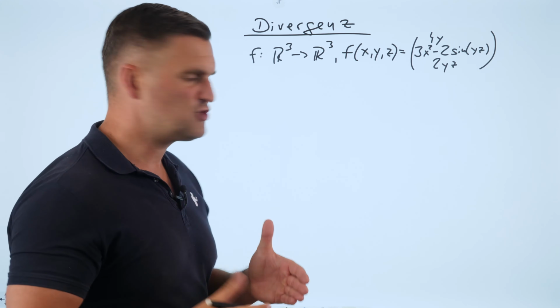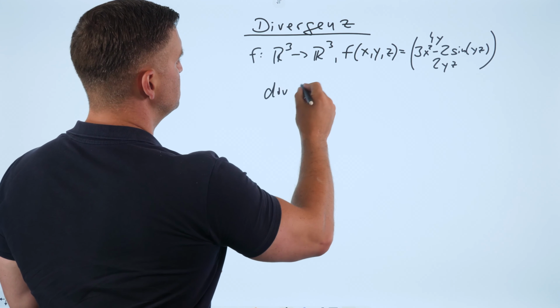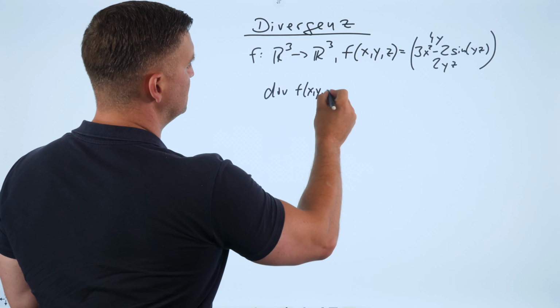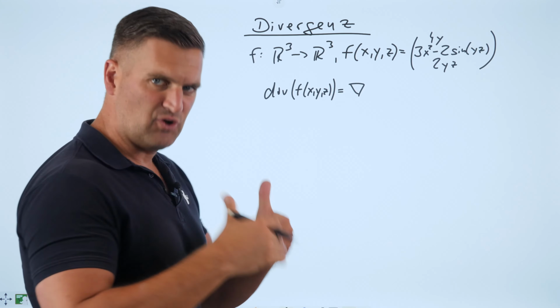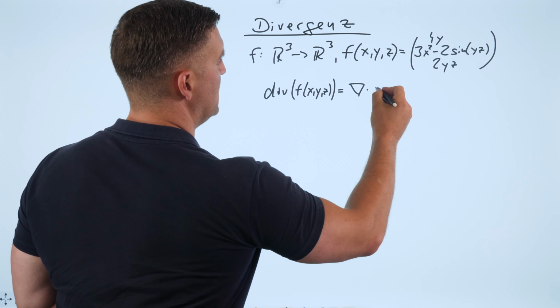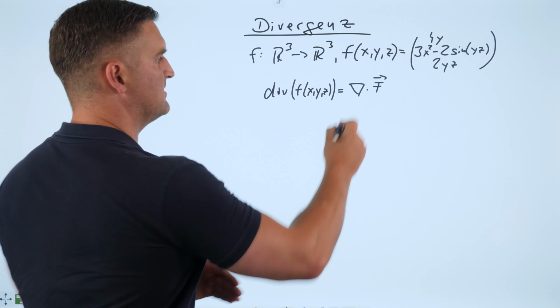And the most important thing to understand is that with divergence, for a function of x, y, z, we have the derivative operator times the vector field. And that's actually very important to understand.